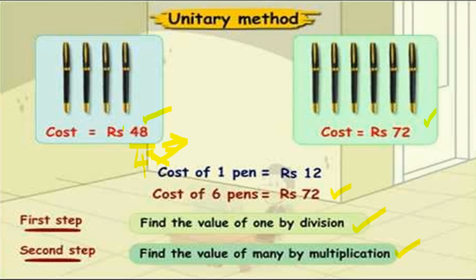Then division by 2-digit numbers, averages, which means the sum of quantities divided by the number of quantities, and then the unitary method: when many is given and they ask us to find only one, we have to divide. When only one thing is given and we have to find many, we have to multiply. Keep these things in your mind.